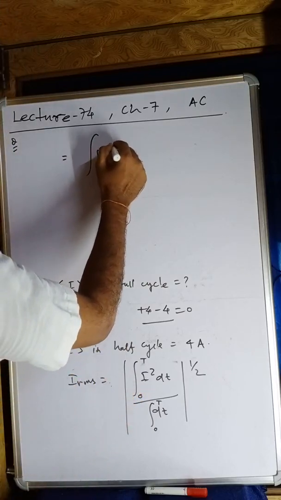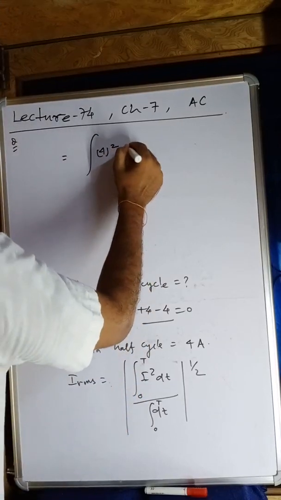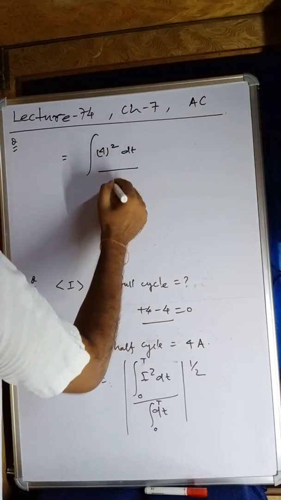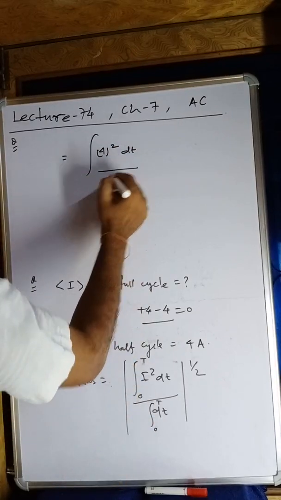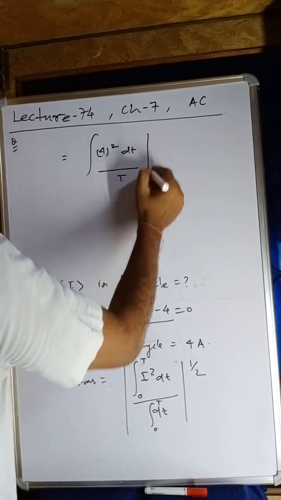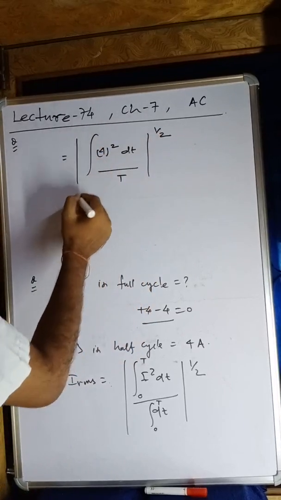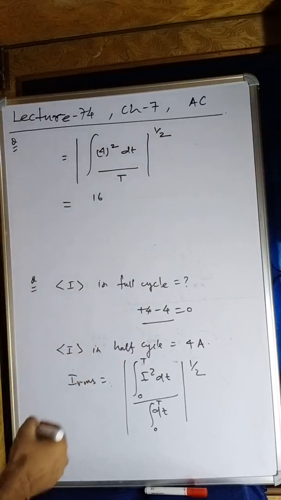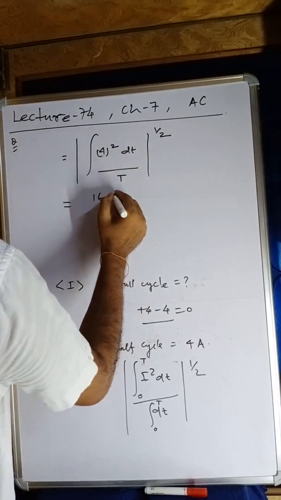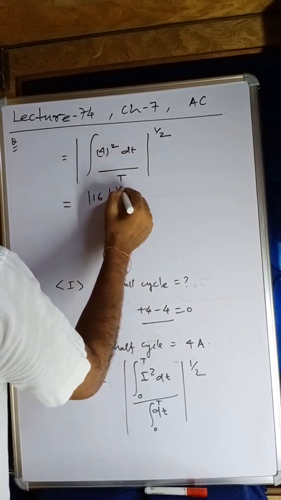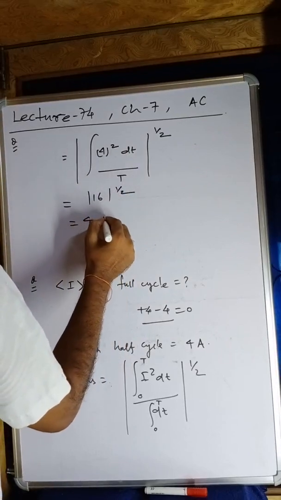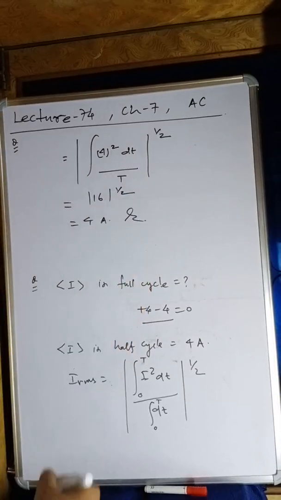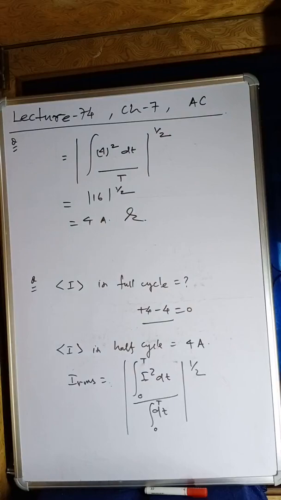So 4 squared, which is 16, comes out, and dt by dt is T by T, which is 1. So the root gives 4 ampere. Okay, my dear students, so this will be the answer. The RMS value will be 4 ampere.